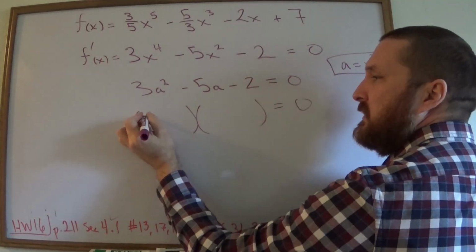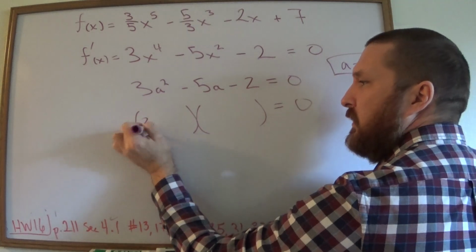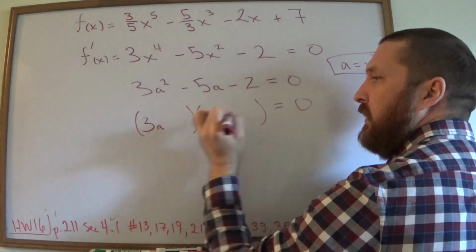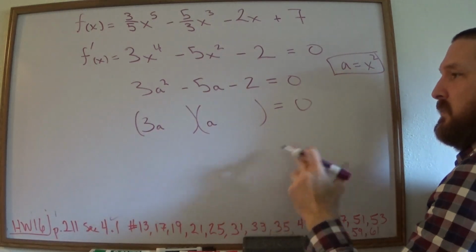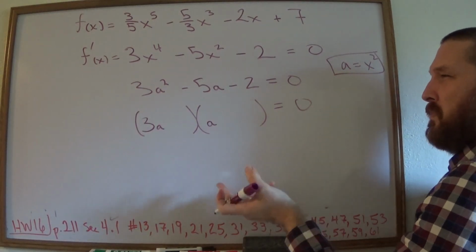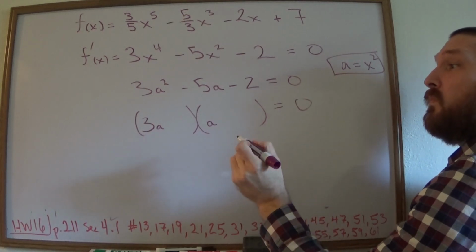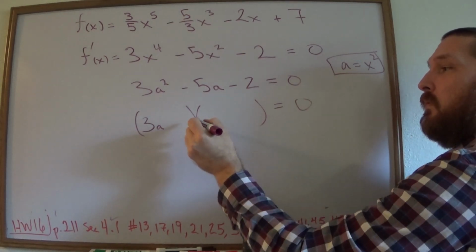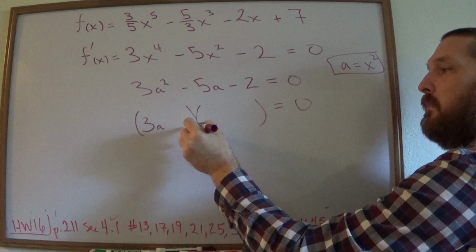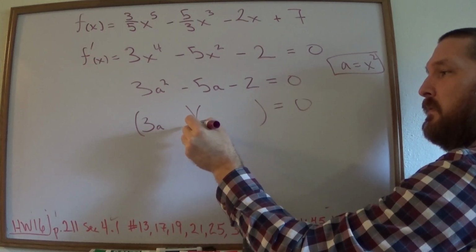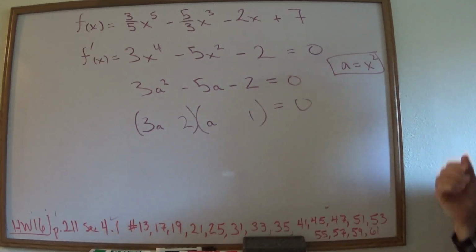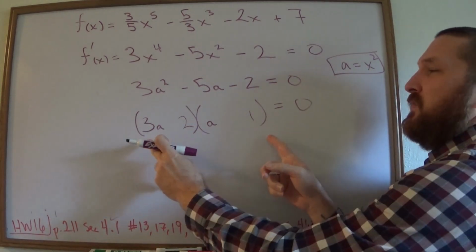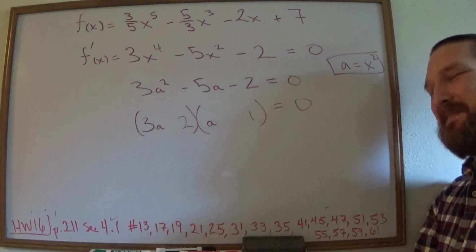So I'm guessing this must be a 3 and a 1, and we have a 1 and a 2. Which one's the 1 and which one's the 2? We need the 1 opposite the 3. So we need the 2 here with 3a, and the 1 here, and then the minus and the plus.